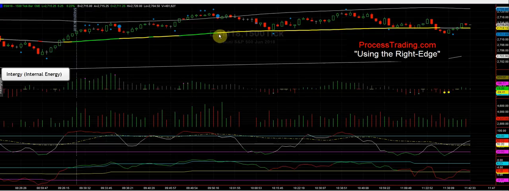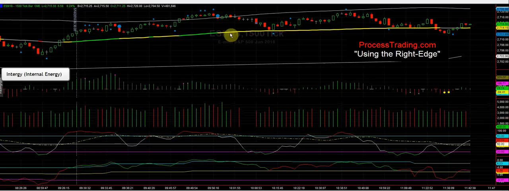This is the process trading VWAP, and it's color-coded, and there's other explanations of the whole system, whether you're using the VWAP for trend trading or the Intergy, the cinnamon oscillator, and the short-term trend oscillator for discretionary or contrarian trading.